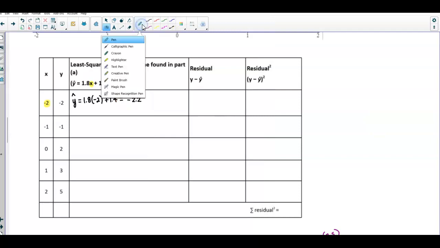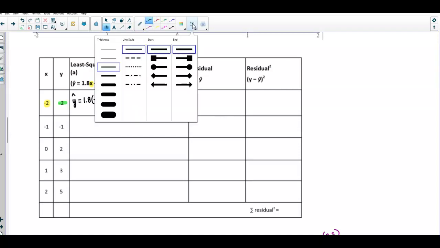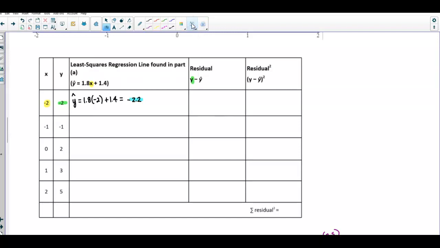Okay, and then what we're going to do is take the y value, and then subtract the y hat value. So we have -2, and then we're going to subtract -2.2, which becomes a plus. So -2 plus 2.2 is going to be positive 0.2.